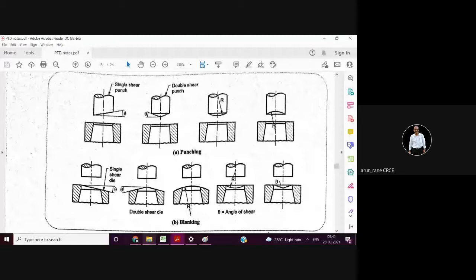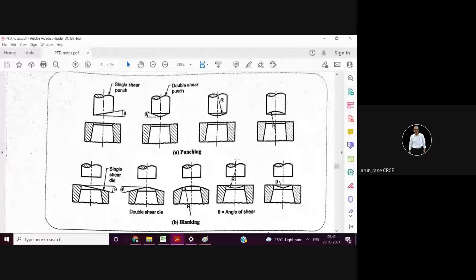So this is for the single shear. This is a single shear, and this is double shear. Here this is the radius, and this is concave, and this is convex.